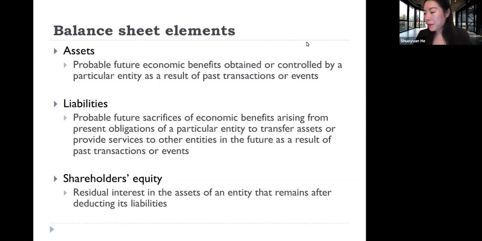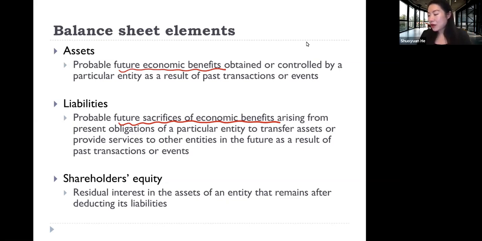Assets are probable future economic benefits obtained or controlled by a particular entity as a result of past transactions or events. So it represents future economic benefits. Liabilities are probable future sacrifice of economic benefits arising from present obligations of an entity to transfer assets or provide service to another entity in the future as a result of past transactions or events.